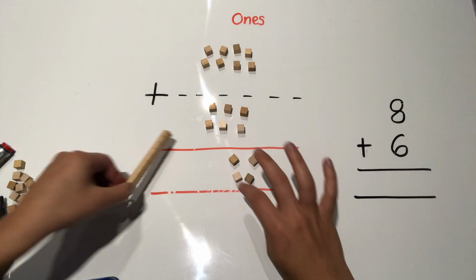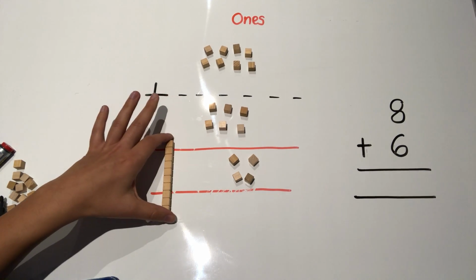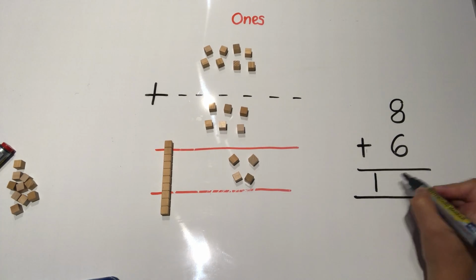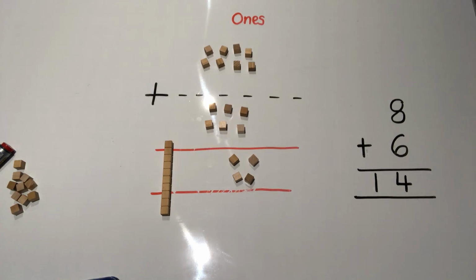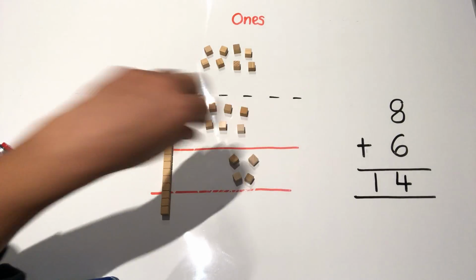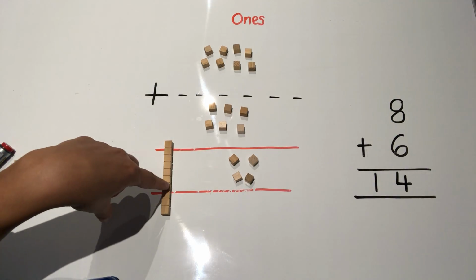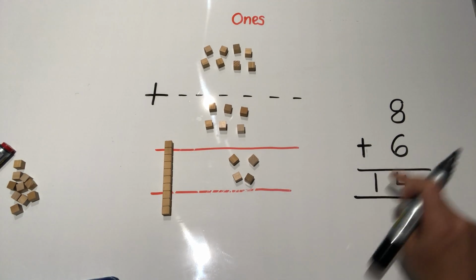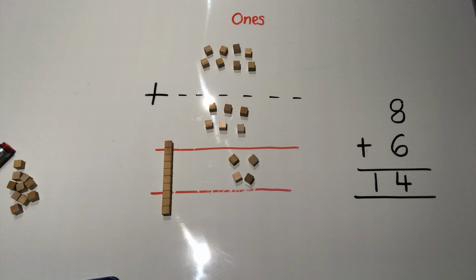So my answer is the same as saying 1 ten and 4 ones, which is 14. So you would write your answer out like this. So our 4 is in our ones column, and our 1 ten would be in our tens column. So 8 add 6 equals 14.